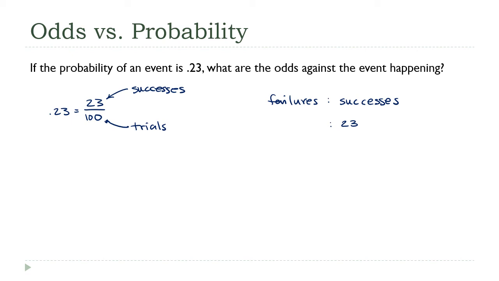Well, I did this experiment 100 times, and I got 23 successes. That means the number of failures must be everything else. So it's 100 minus 23, which is 77. So there's my odds. The probability of an event occurring of 0.23 is the same as odds against of 77 to 23.